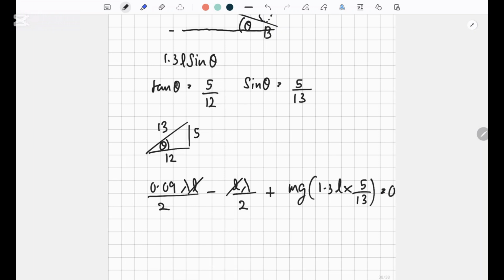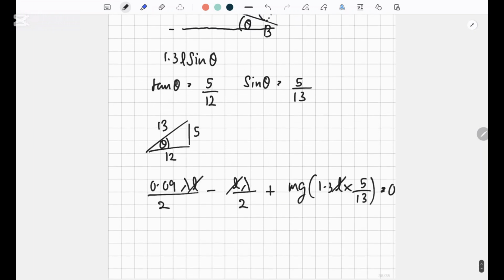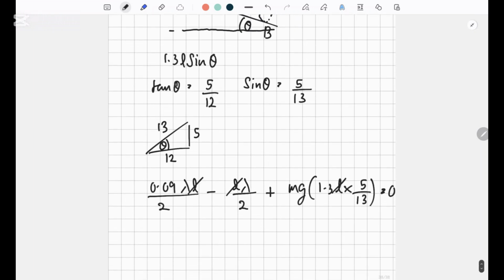L cancels off, and you have 0.09 divided by 2, giving you 0.045, minus 0.5 lambda.